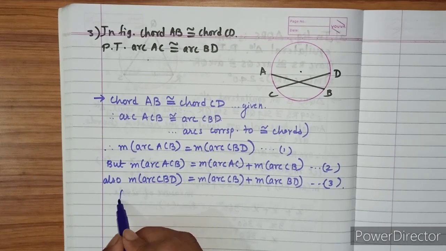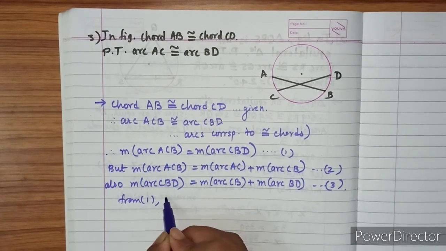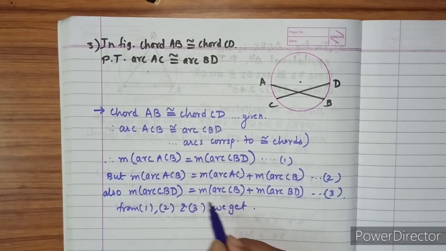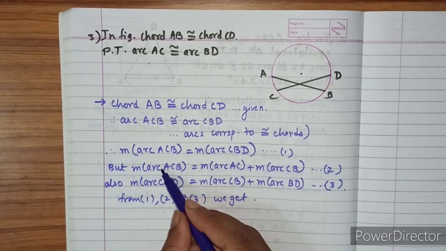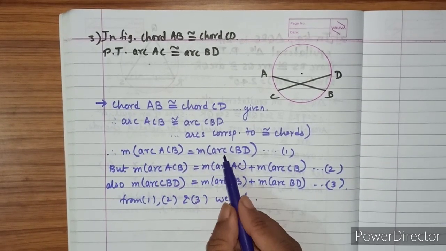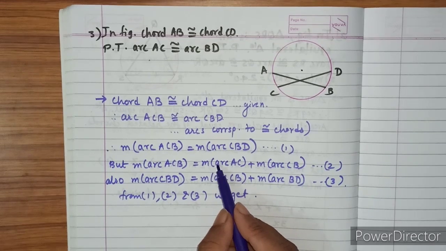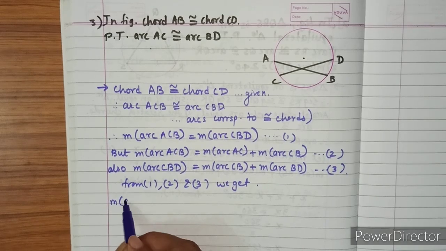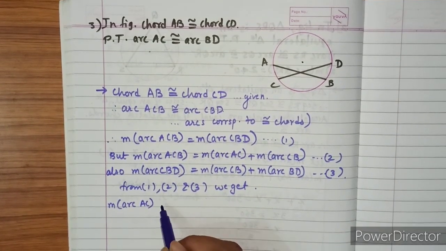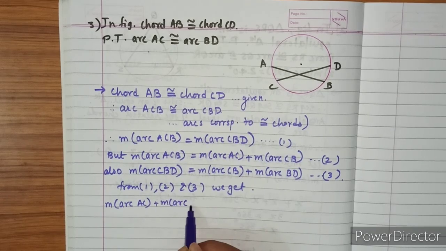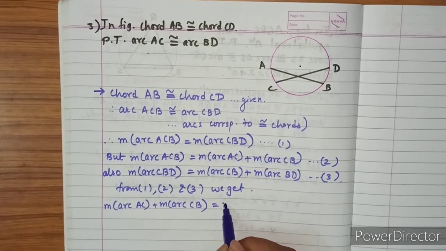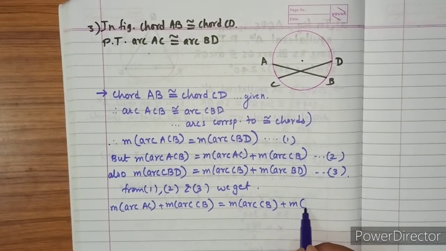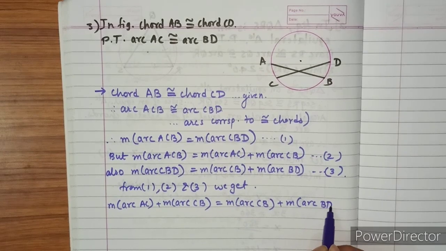Now, what do we get from 1, 2 and 3? We already know that in 1 these two arcs are equal, they are congruent, right? So I can write their right hand sides to be equal to each other. Therefore, measure of arc AC plus measure of arc CB will be equal to measure of arc CB plus measure of arc BD.